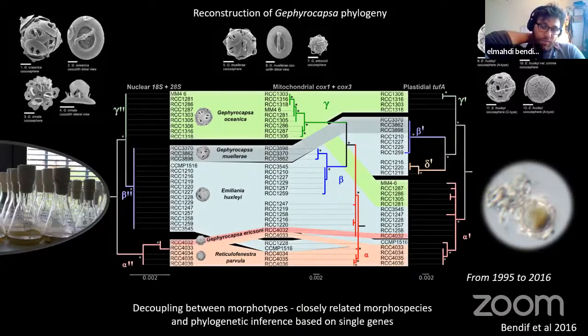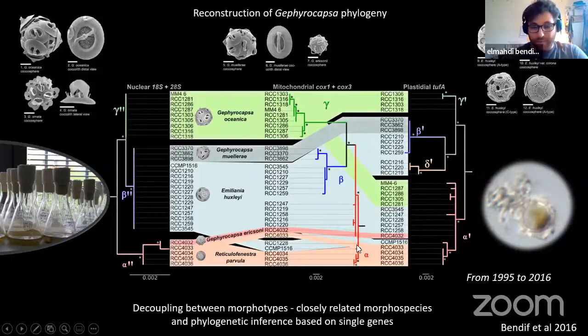Now, if we want to couple that pattern of fossil variation or phenotypic variation in the fossil record to what we know from genetics, looking at classical genes that have been used in many organisms to first separate species and study speciation, we can see that we have a strong decoupling between morphotypes and closely related species and the phylogenetic inferences.